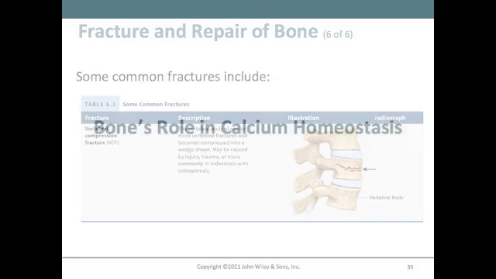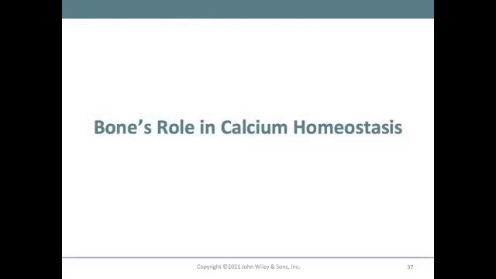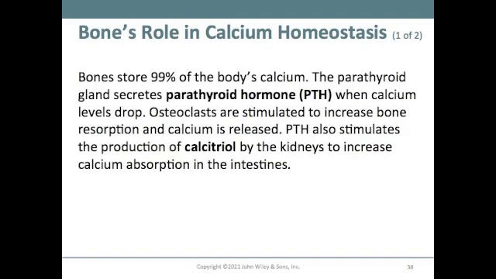Let's see here. Bones' role in calcium homeostasis. Oh, yeah, this is good. This is the stuff that I like. So I'm on page 195 at section 6.7. 99% of the body's calcium is stored within the bone. The parathyroid gland secretes parathyroid hormone when calcium levels drop.